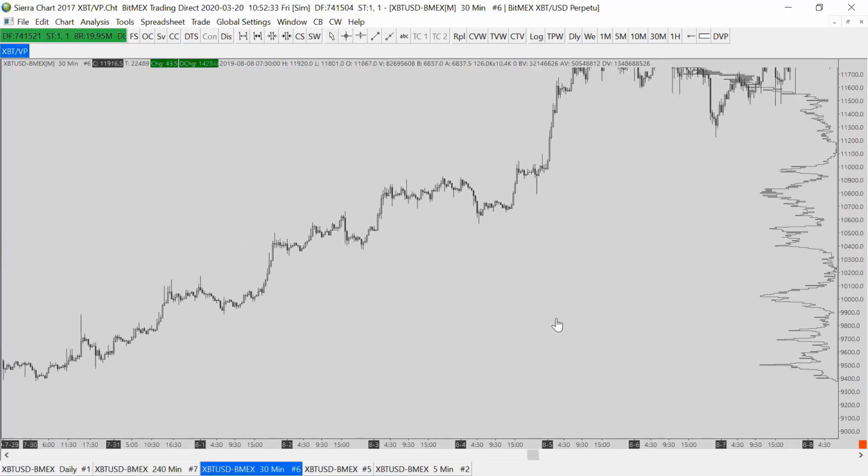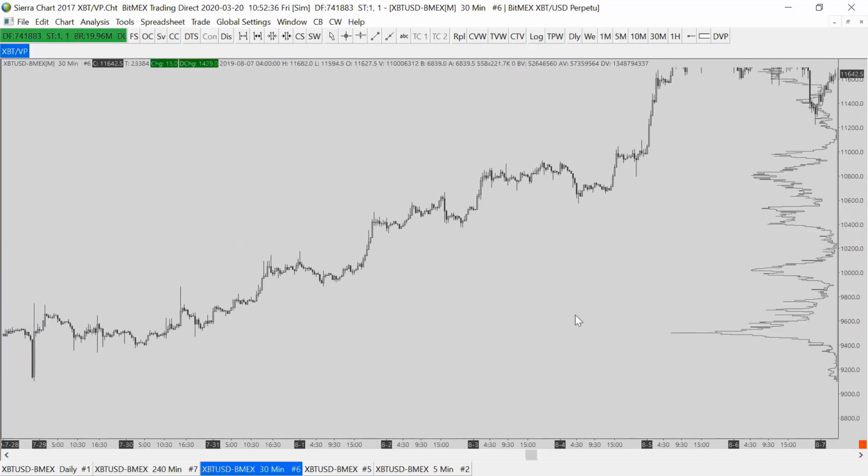Okay, so I'll mark out the LVNs in grey here. Okay, something like that.